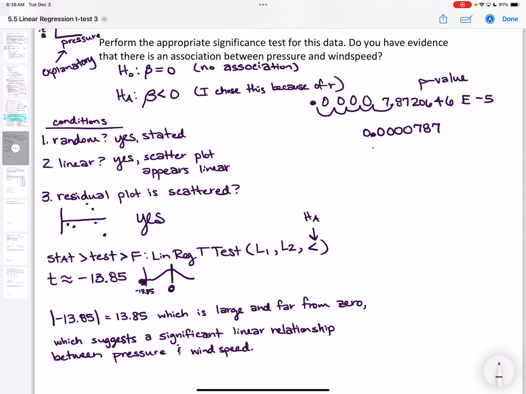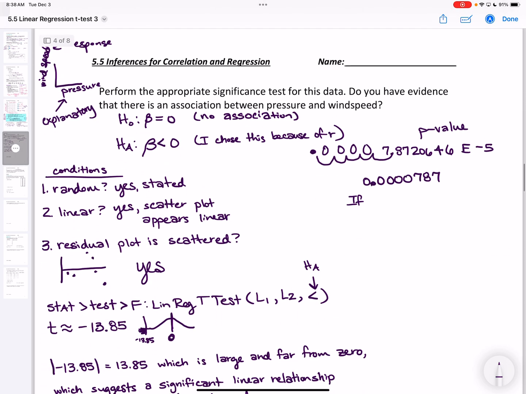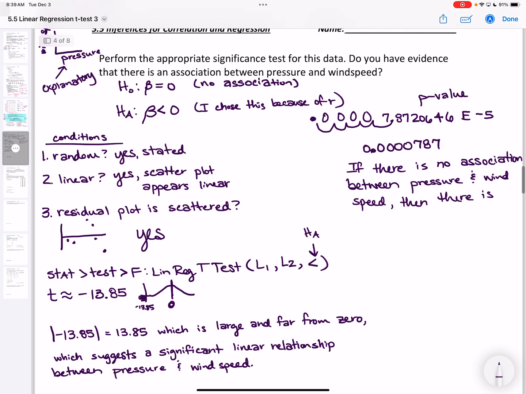Okay, remember, this is how we interpret the p-value. If the null is true, look at my null right there. If there is no association between pressure and wind speed, then there is, what would that number be if we turned it into a percent?